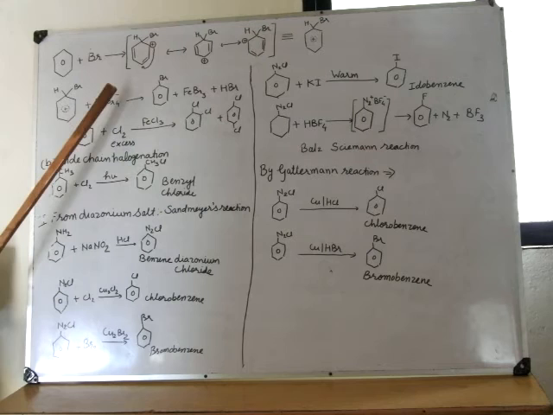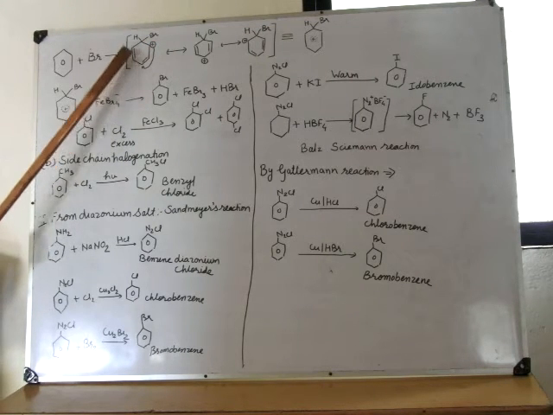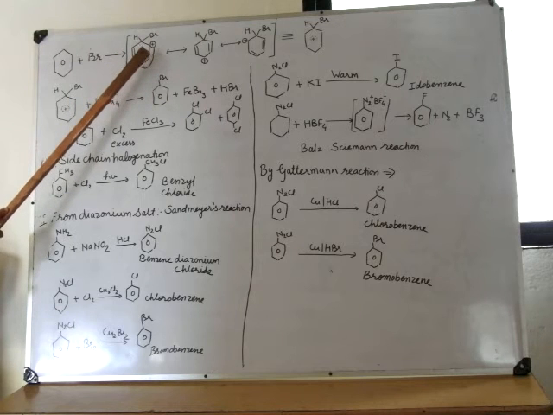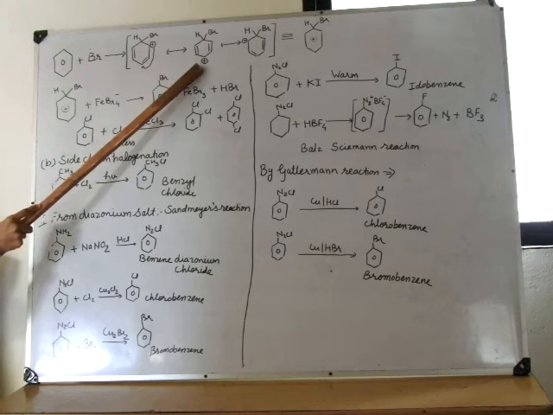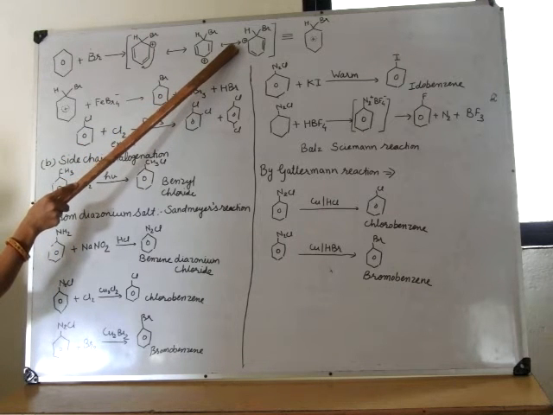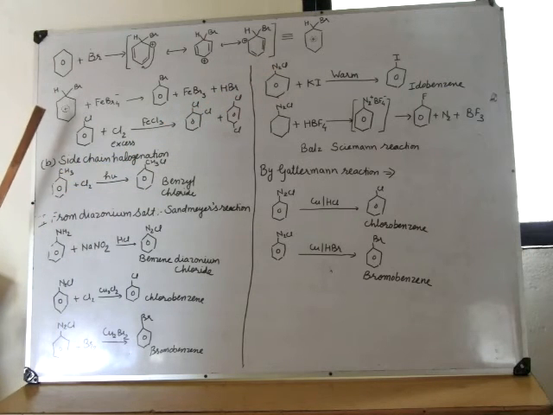In these reactions, the positive charge rotates in the benzene ring over the ortho, para and meta positions, and this gives haloarenes.